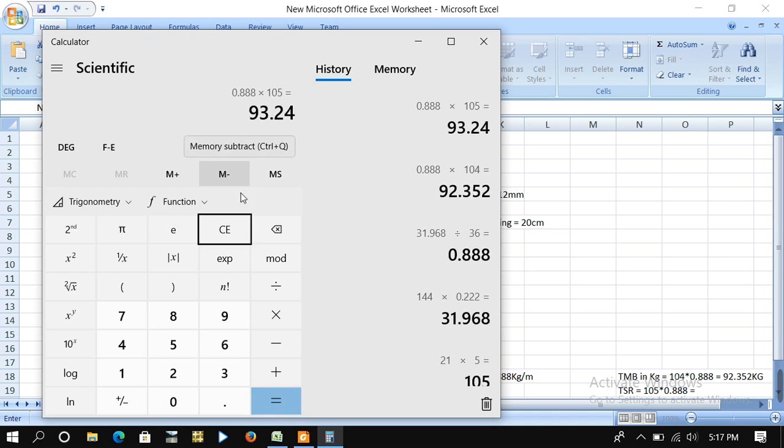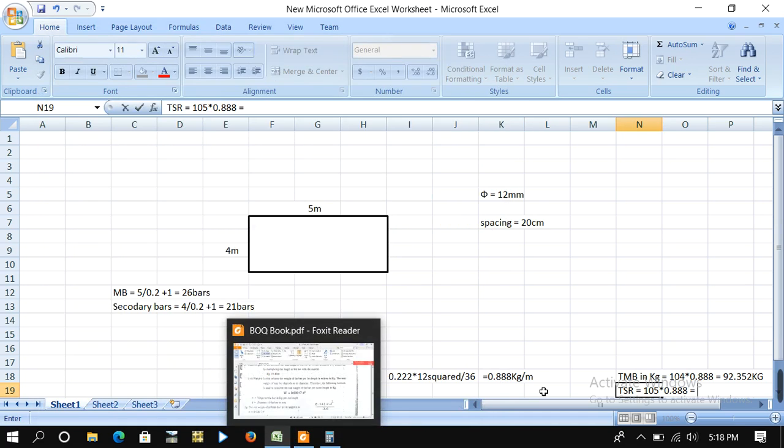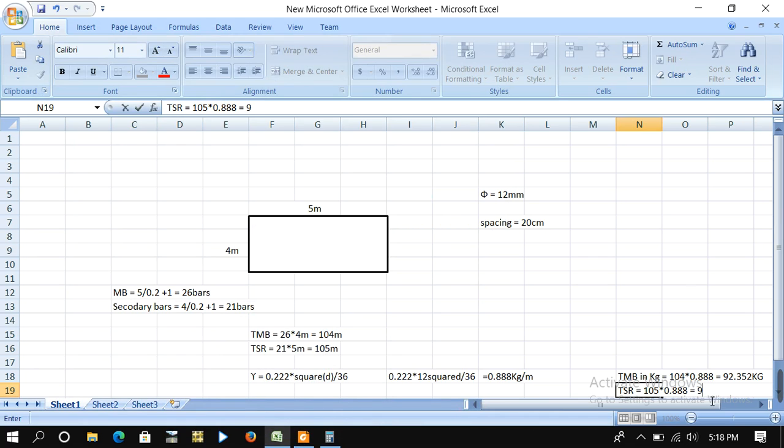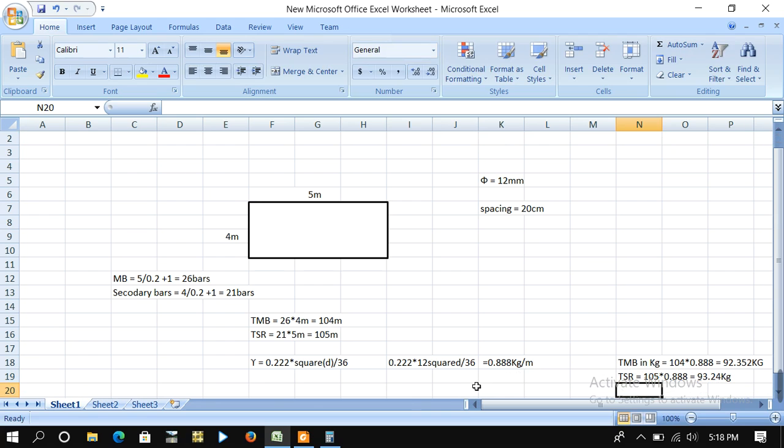Here we have already calculated the amount of reinforcement in the main as well as in the secondary direction in kg. What we'll be doing next is adding those two amounts of bars together, and then we can put it as an answer.